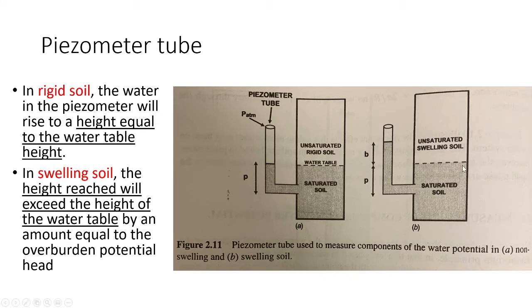Here is the water table, but when you look at the piezometer tube, the water level is higher than the water table in the soil column. This is because there is an overburden of soil, as well as the water itself, above the saturated soil. So this is for swelling soil.